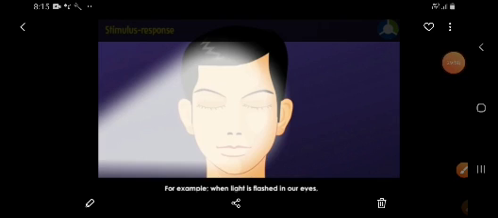So children, as I told you, every living being reacts to any change in nature like light, sound or heat. Children, if suddenly light falls into your eyes, what happens? You will close your eyes. This is a response to stimuli.